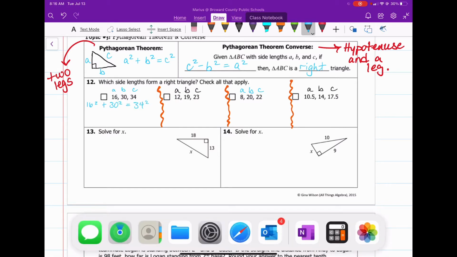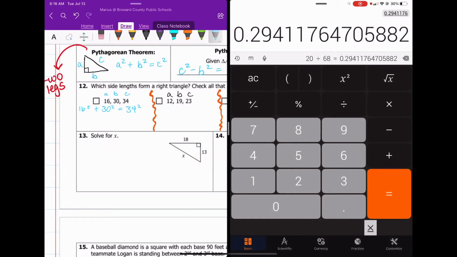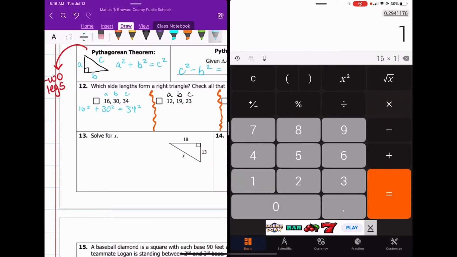Let's see. I'm going to pull out my calculator. 16 times 16 is 256. 256 plus 30 times 30, which is 900. And now 34 times 34 is 1156.